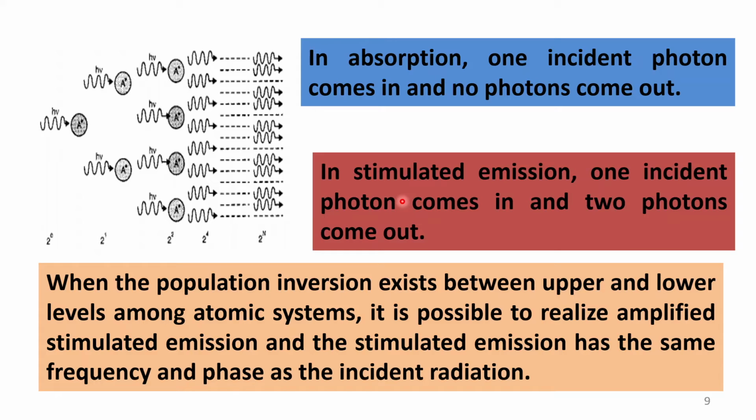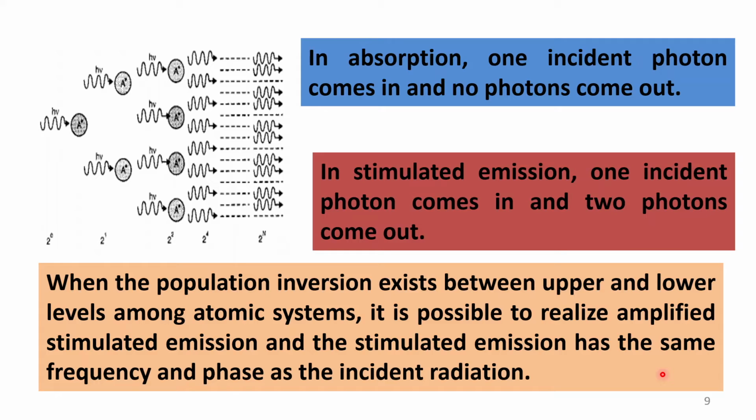So in this way, when the population inversion exists between the upper and lower levels of an atomic system, it is possible to realize the amplified stimulated emission, and the stimulated emission has the same frequency and phase as the incident radiation.